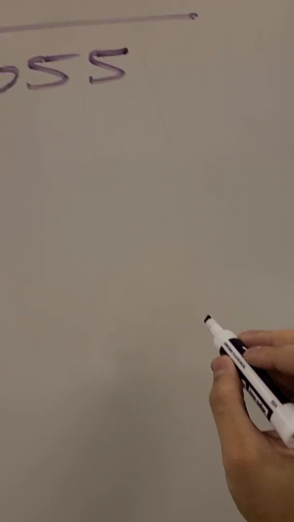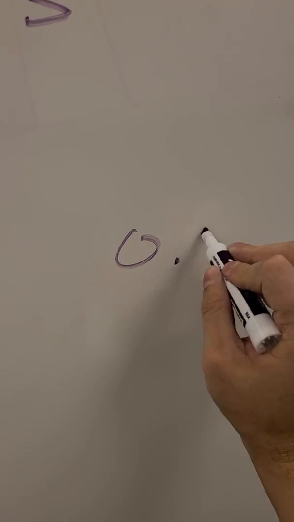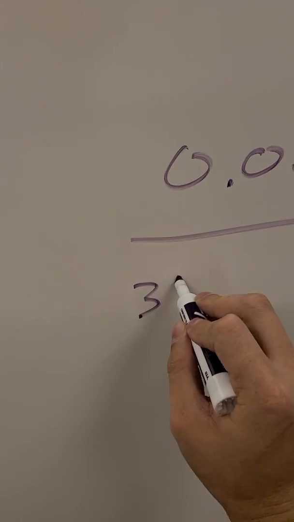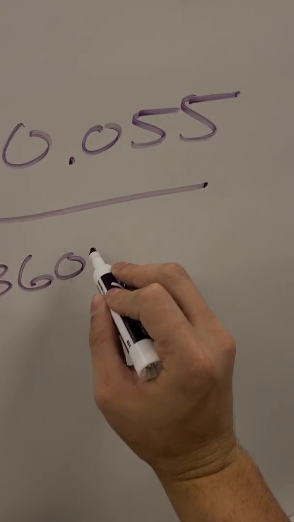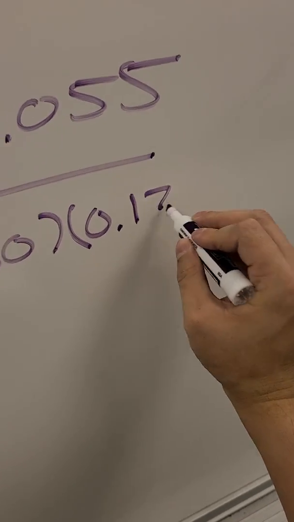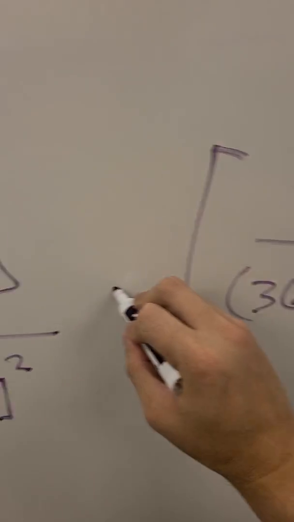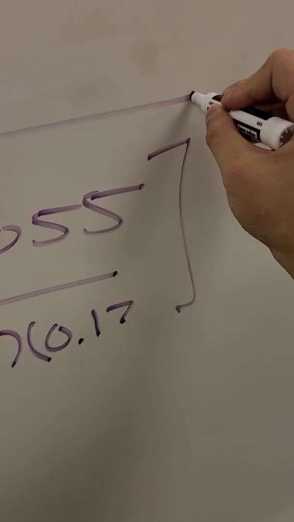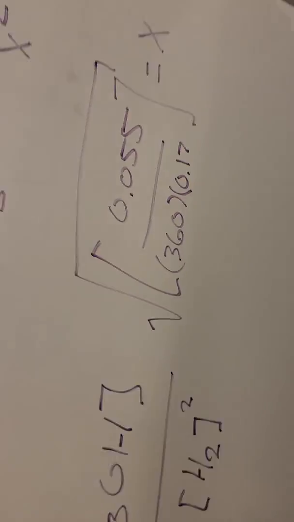That's going to be 0.055 divided by 360 times 0.17. Take all this and square root it. That'll get you your concentration. And basically it's just math from there.